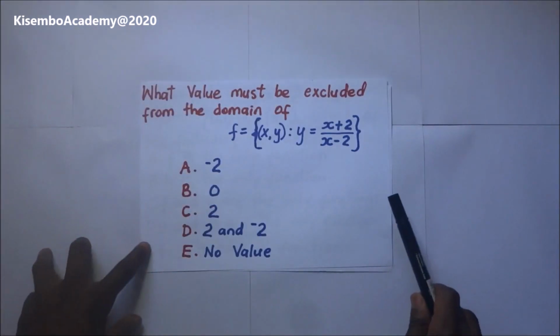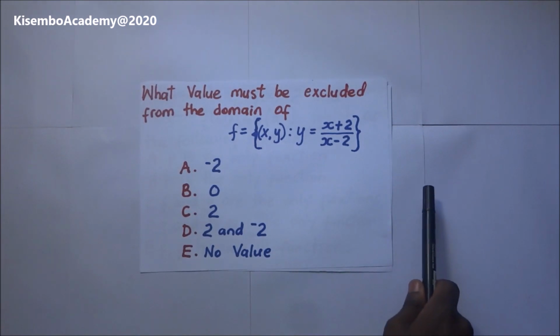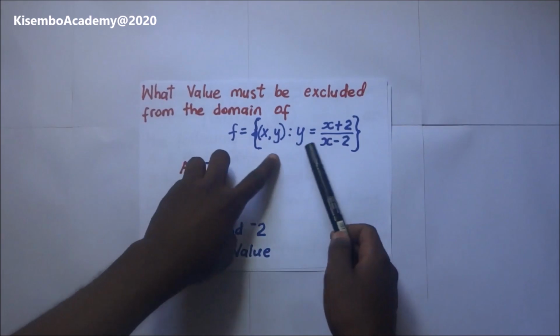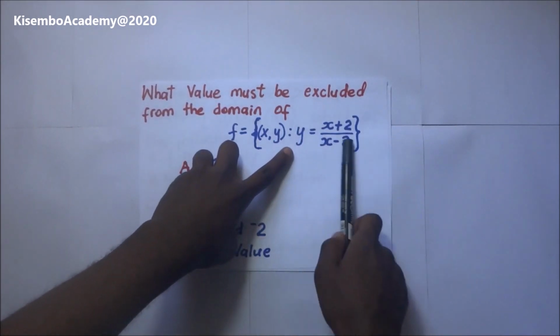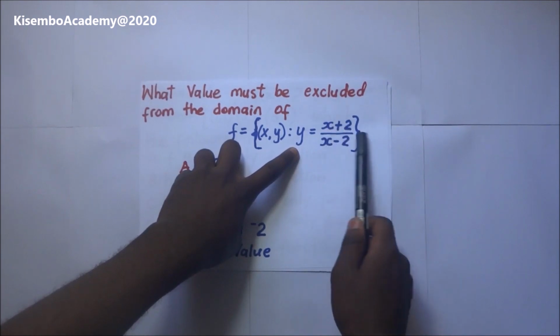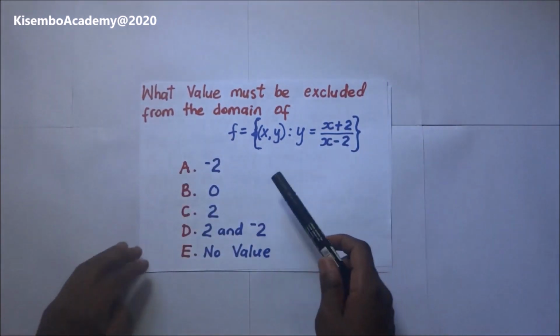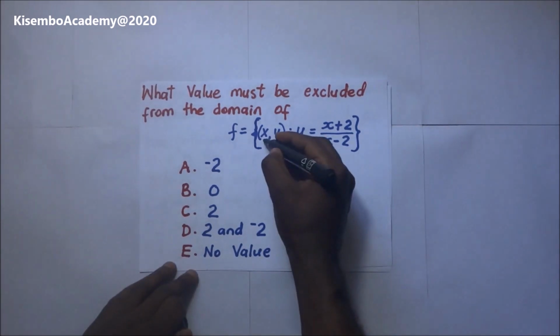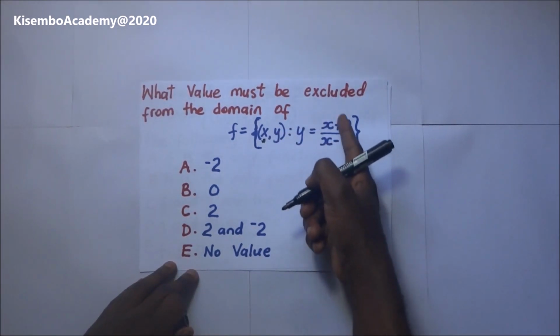Looking on to our next one, we are being asked what value must be excluded from the domain of x, y, where we have been given a function that y is given as (x + 2) divided by (x - 2). Now, which of these should be excluded from the domain? Which value of x must be excluded for this to hold?